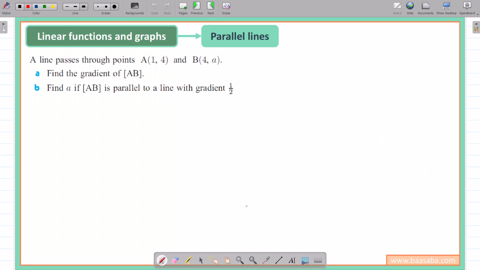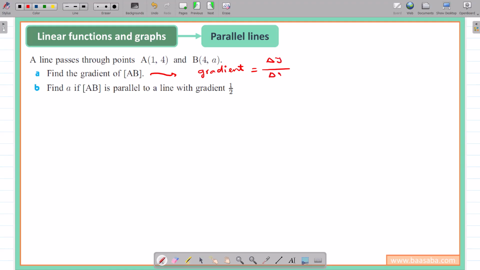Okay, let's do an example to understand this concept. A line passes through points A and B. Find the gradient of AB. This one is easy. What was the equation for gradient?